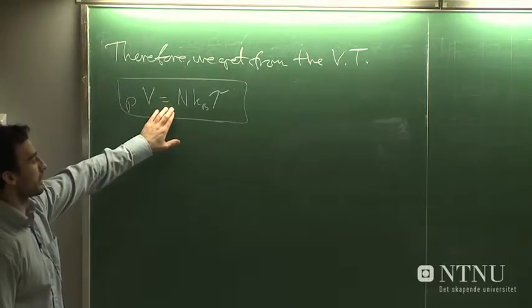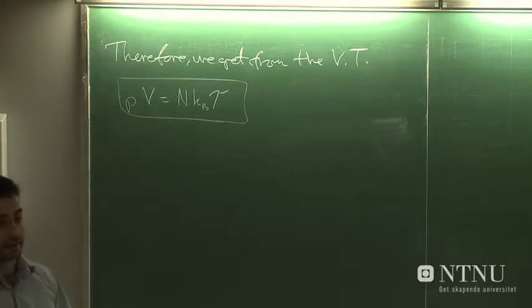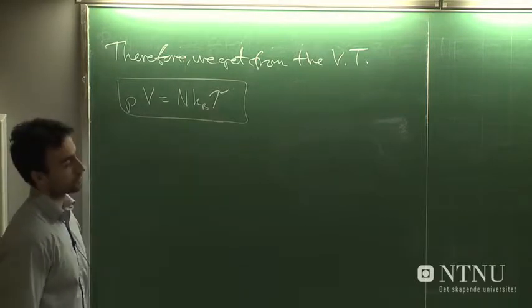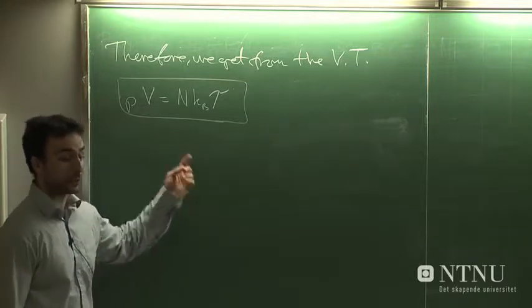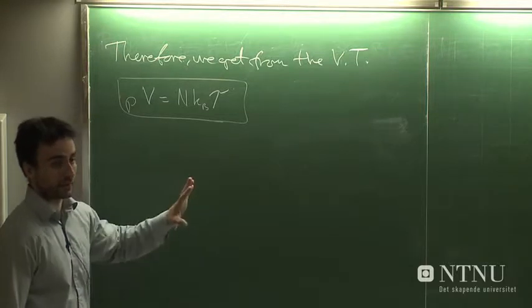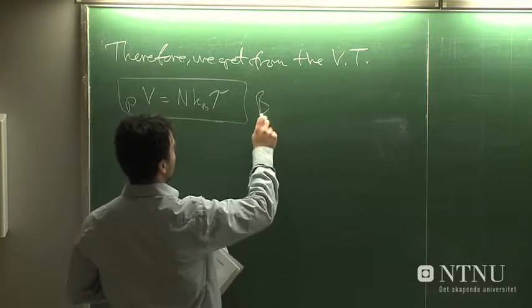It's basically the thermodynamic equation describing an ideal gas, relating pressure and volume to temperature. So you can actually derive this equation by using the Virial theorem. This is Boyle's law, by the way.